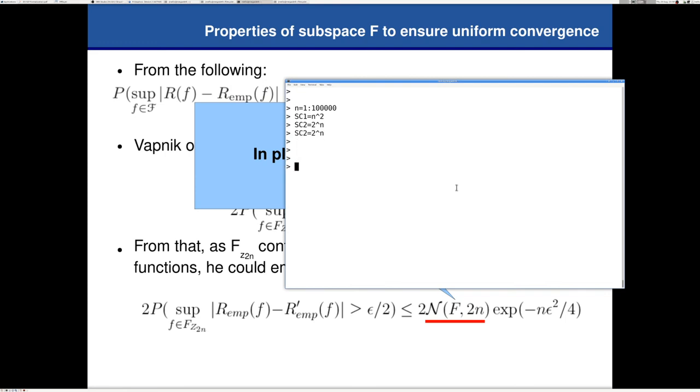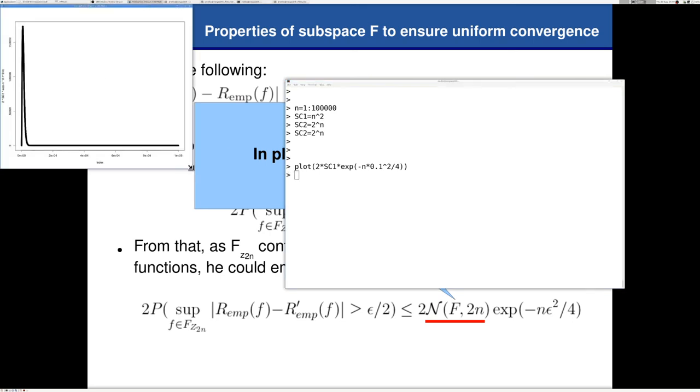Now I'm going to plot for you 2 times shattering coefficient 1 times the exponential of minus n. Let's select a given epsilon, could be any epsilon. Let's use like 10% power to 2 divided by 4. I have some curve. This is the curve. It's a nice curve.